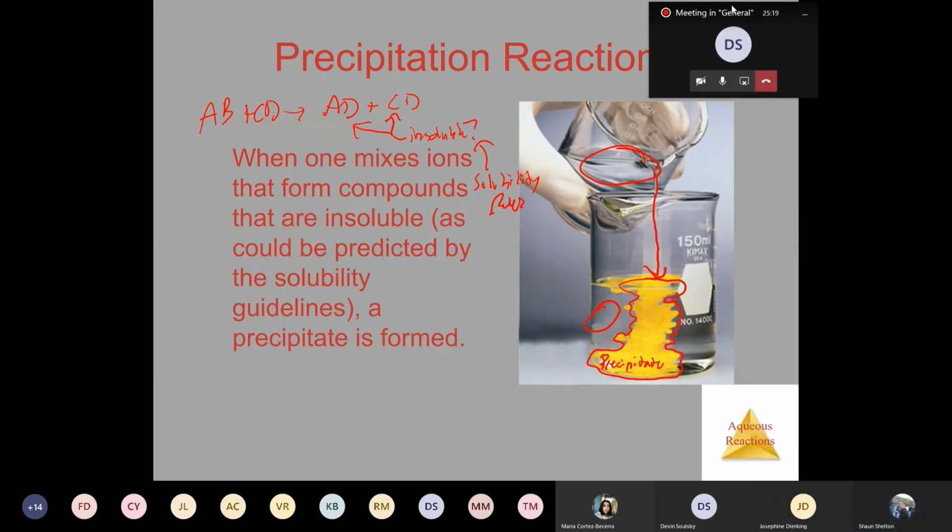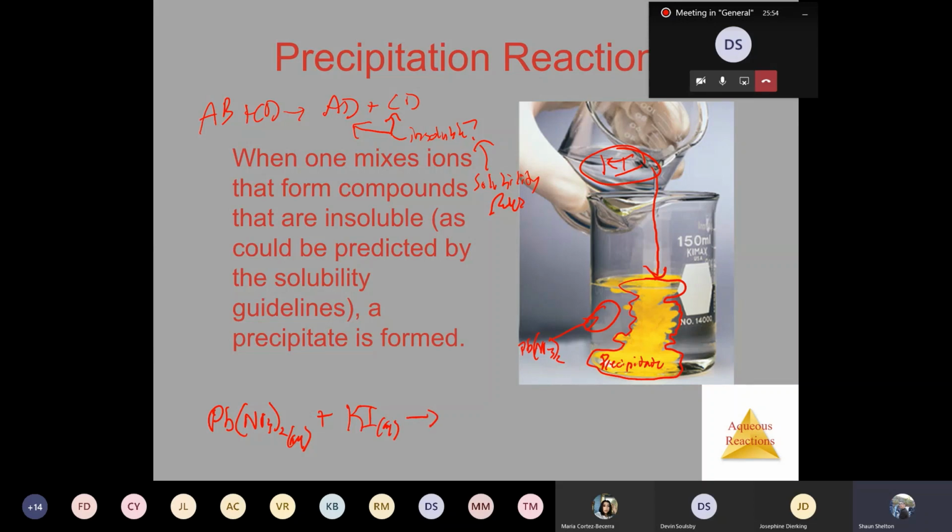So we have lead(II) nitrate, aqueous, Pb(NO3)2. Now in the top one, we have potassium iodide. Potassium iodide is being poured into the solution. That's our second reactant.